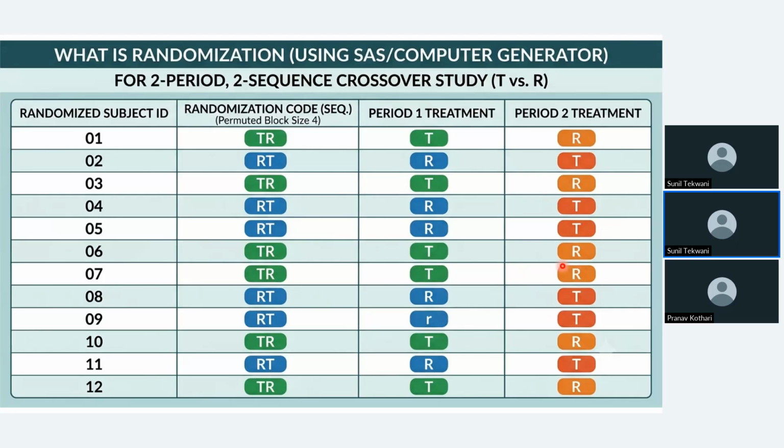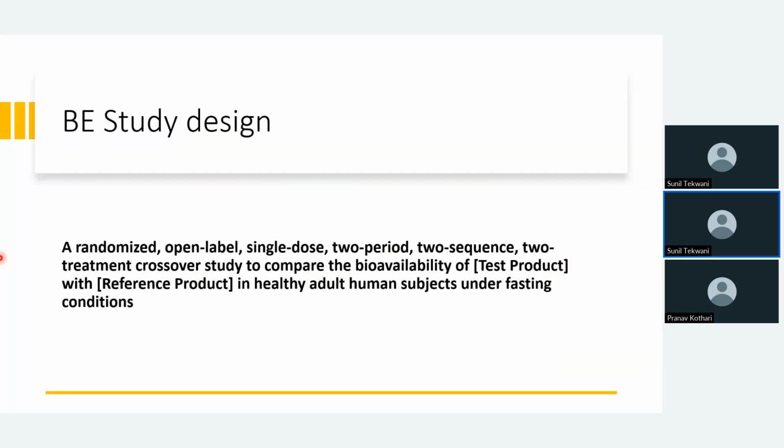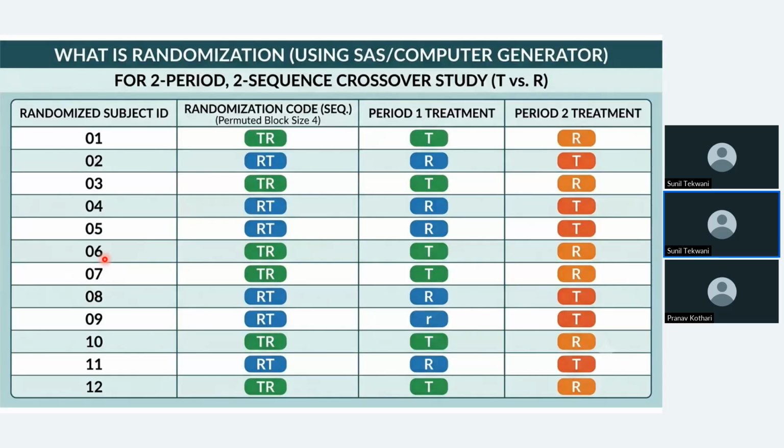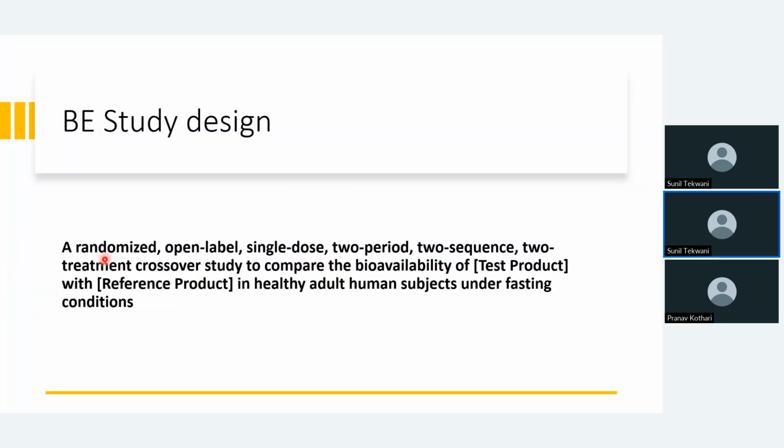Okay. Now coming to another terminology, randomized. Before we learn randomized, let's learn two sequence. What is this two sequence? We saw what is two period. We saw what is two treatment. We saw what is crossover. Now let's understand what is two sequence.